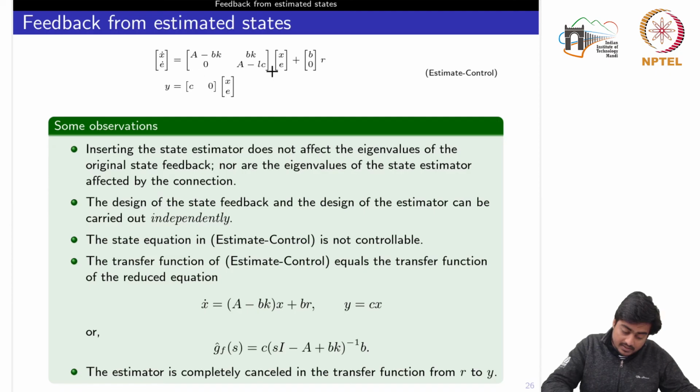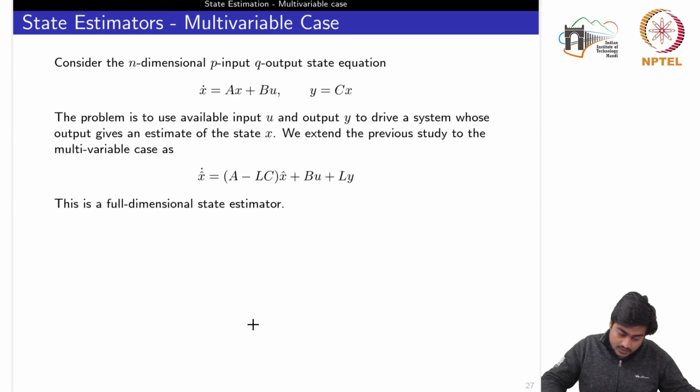Because the last equation, which is E dot is equal to, let's say, A minus LC times E, is a homogeneous system, and this won't appear anywhere in the input output signals. That's why we are getting the same transfer function that we obtained when we had not used any estimator. Okay. So this was all on the feedback from the estimated states.